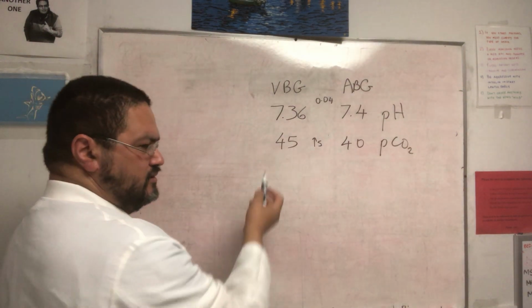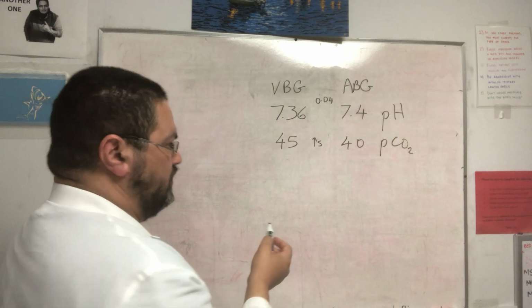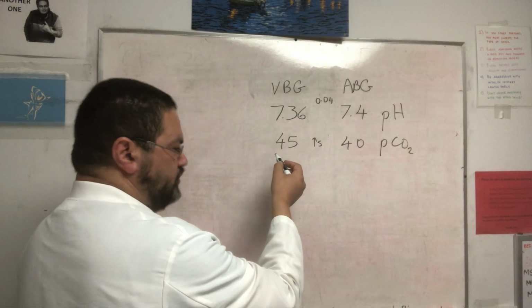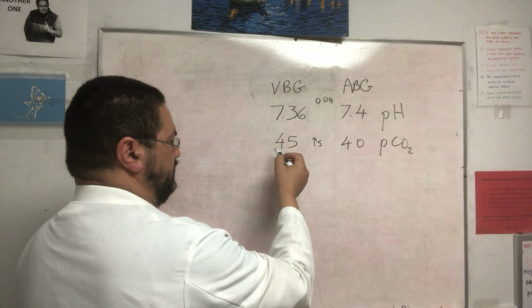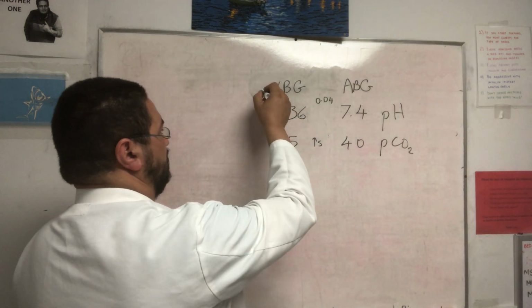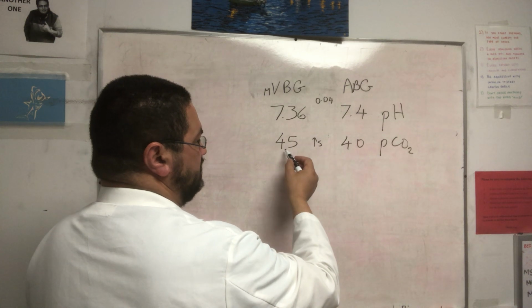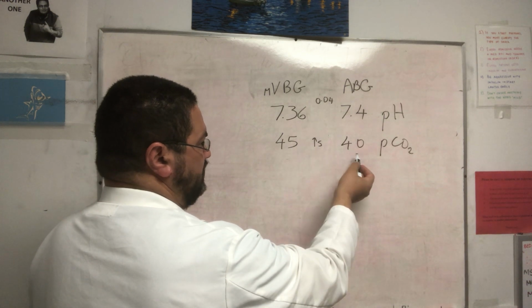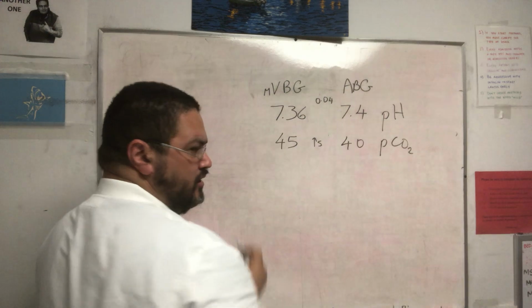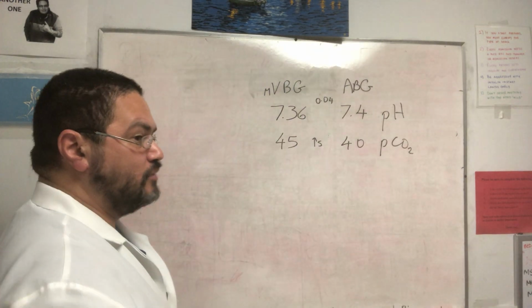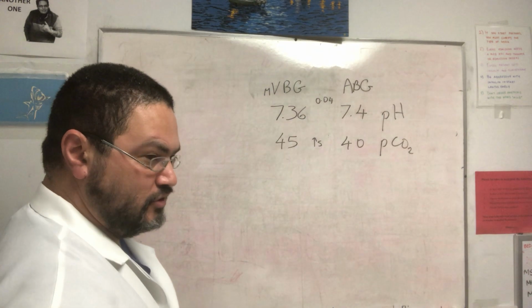And that's the key, really, that the PCO2 is the driver here. The PCO2 coming out from the tissues is 45 in the mixed venous blood gas, so it's higher than arterial, and the 5 of PCO2 results in how much change in the pH?